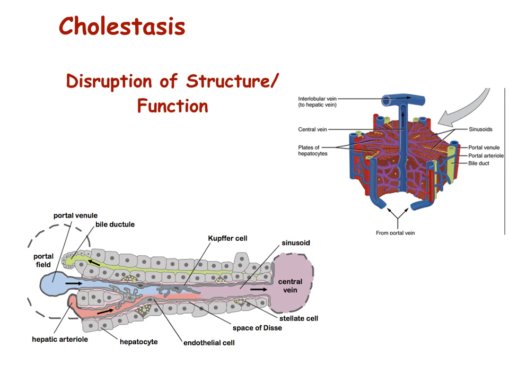This water that is all the time being poured in the bile ductule aims to make the bile less viscid, so that it will not cause obstruction of the bile ductules. But please be very aware that any disruption of structure or function will result in obstruction of the bile flow.